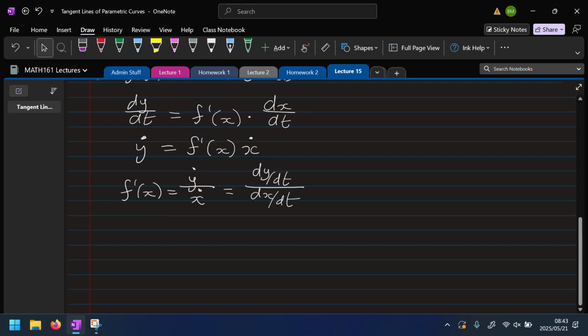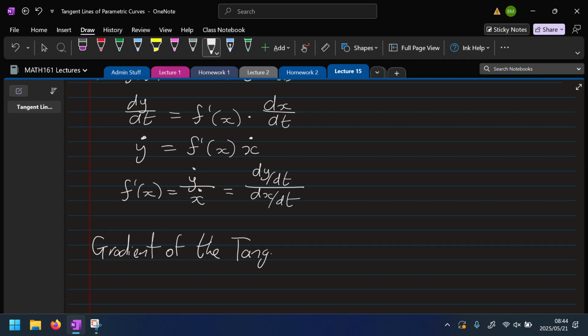Now f prime, that's the derivative at x. In other words, that is the gradient of the tangent line. So we have the gradient of the tangent line. That will be m, which is f prime of x. We know that from before.